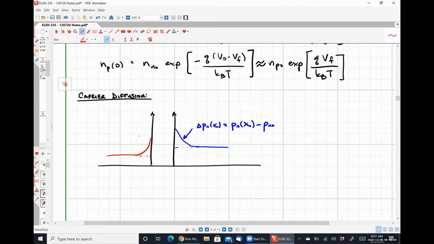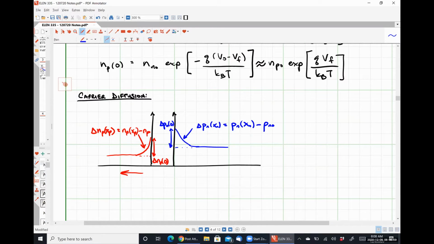And over here, we're going to have delta Np as a function of xp, the distance measured in this direction away from the edge of the space charge layer, is Np(xp) minus Np0, where the height of this is delta Np at 0, and the height of this is delta Pn at 0.